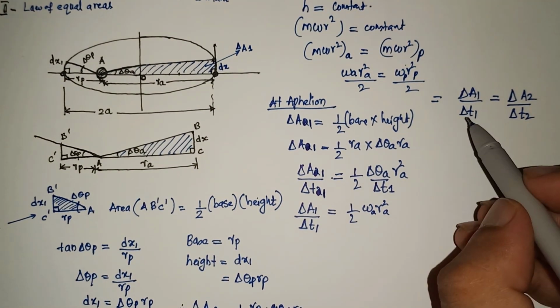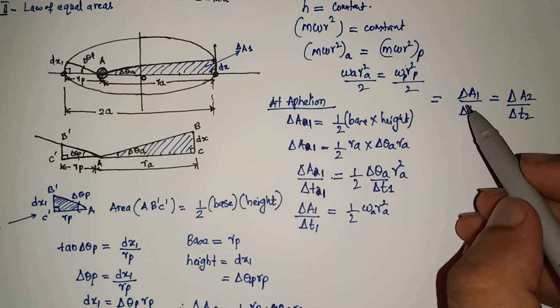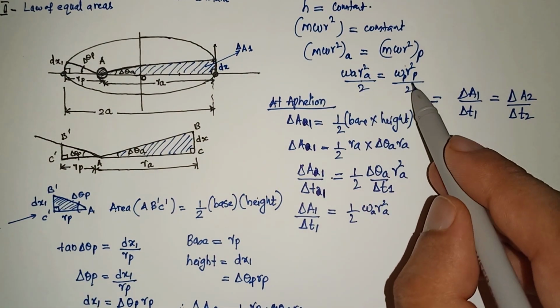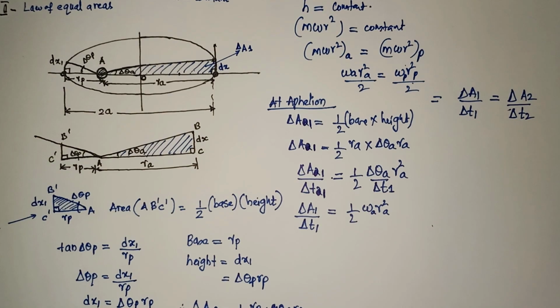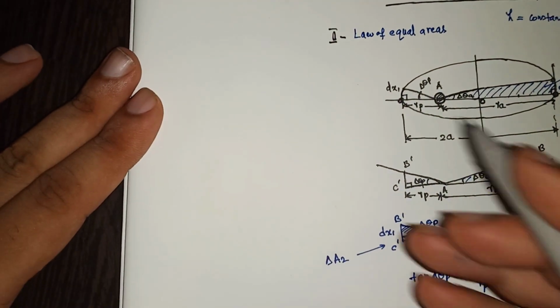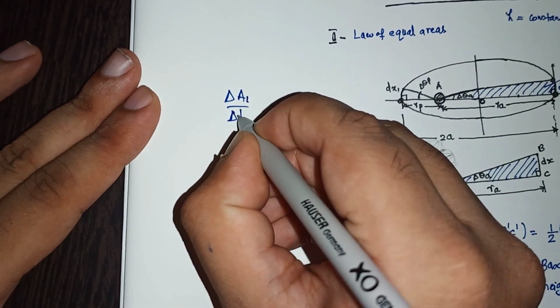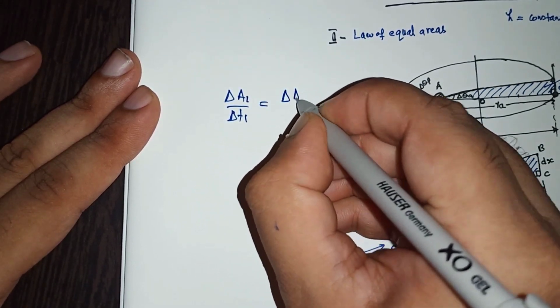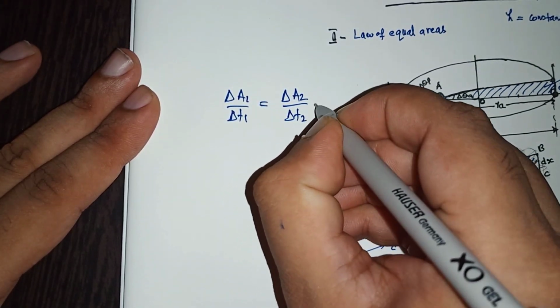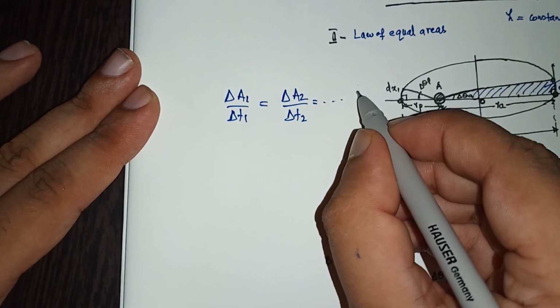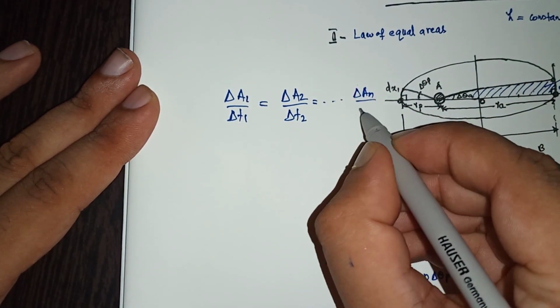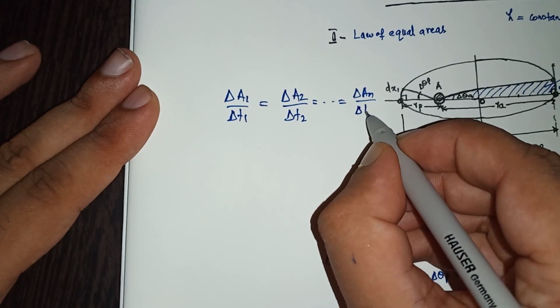This is for the first and this is for the second, so we have equated it. Now we'll write it neatly here. Ultimately we are going to get delta a1 divided by delta t1 equal to delta a2 divided by delta t2. If this keeps going, then we get delta a1 divided by delta tn.